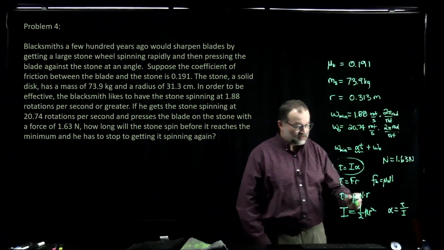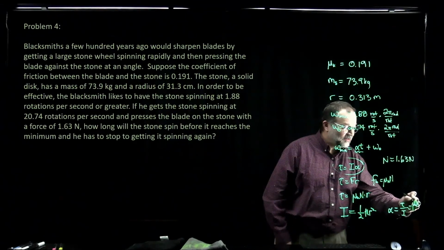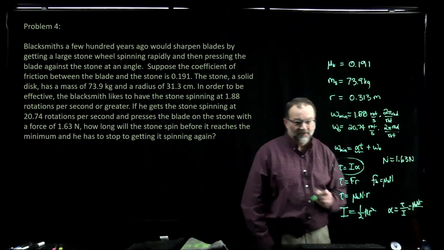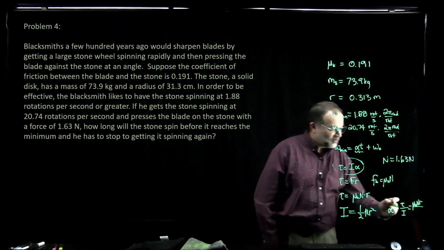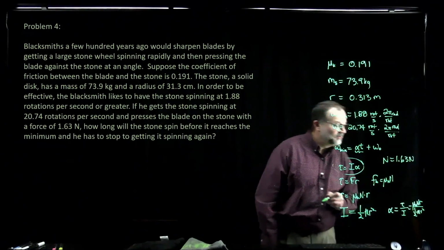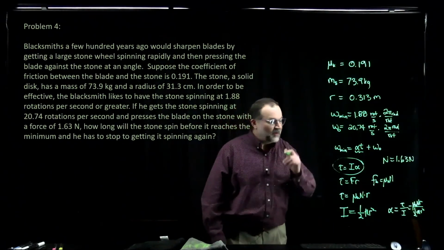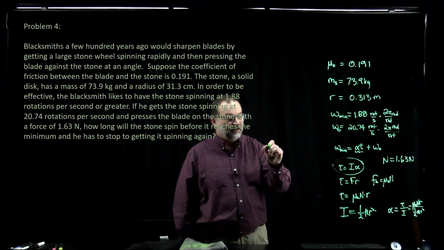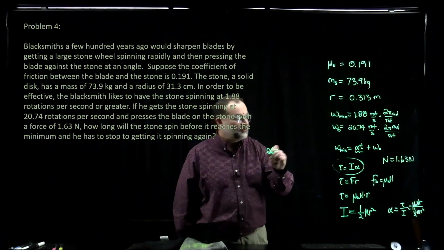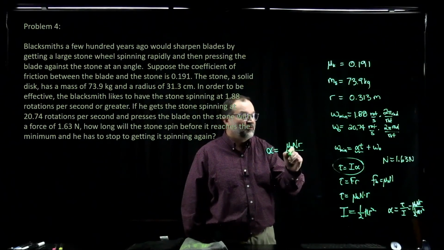And all of that works out to mu k N R over 1/2 mr squared. So you can see it goes as 1 over r. Alpha ends up being mu k N R over 1/2 mr squared.